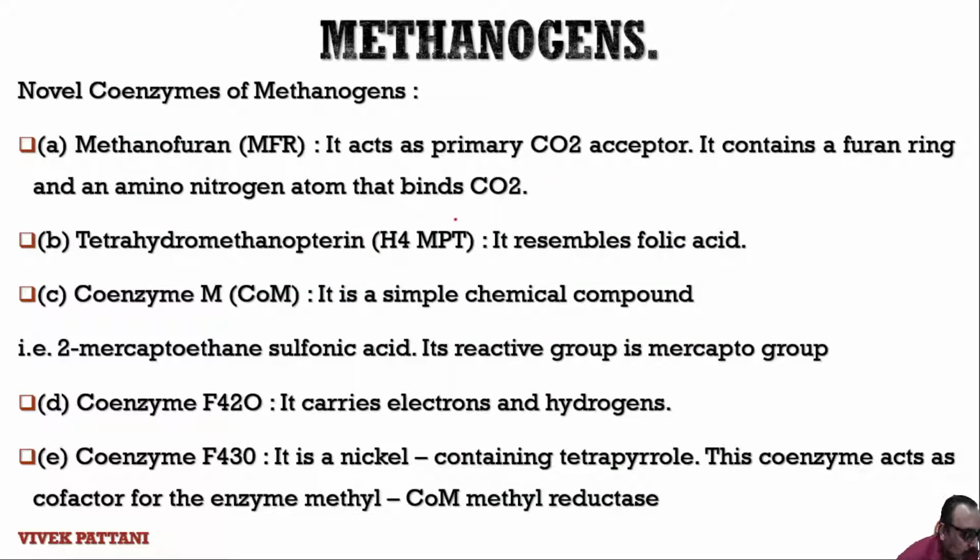Now the novel coenzymes identified in the case of methanogens. The first one is methanofuran. It acts as a primary carbon dioxide acceptor, and contains a furan ring and an amino acid nitrogen atom that binds to the carbon dioxide.